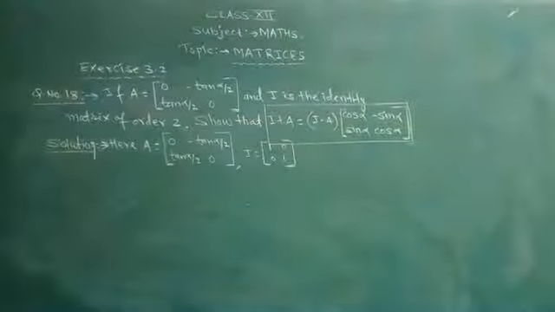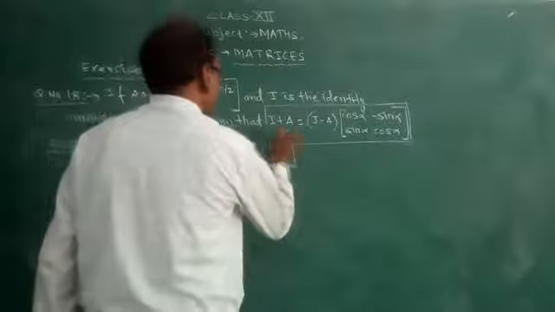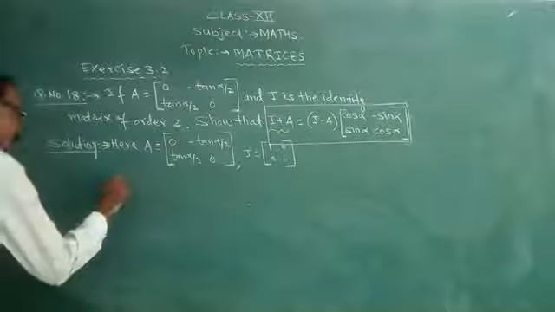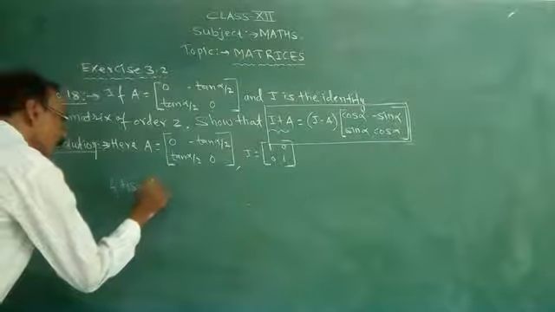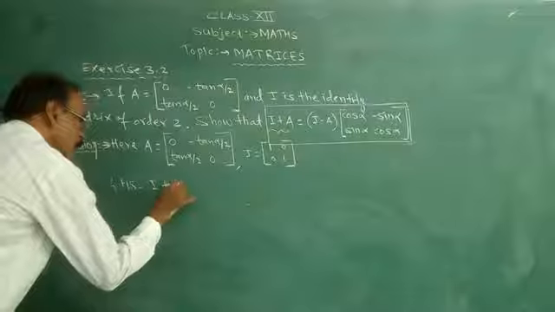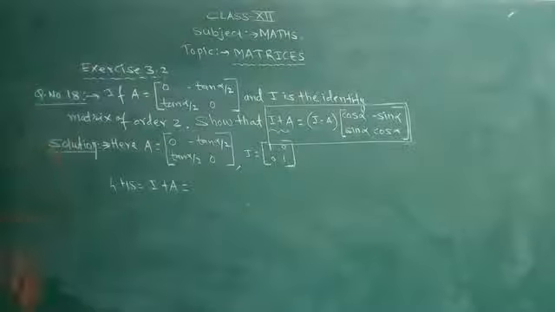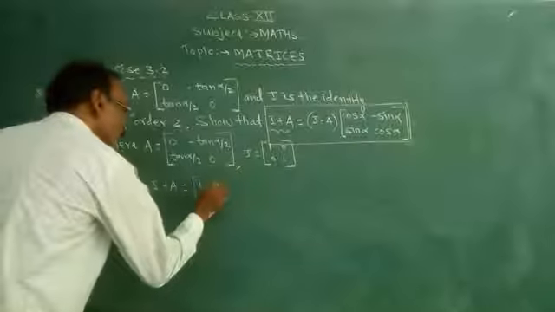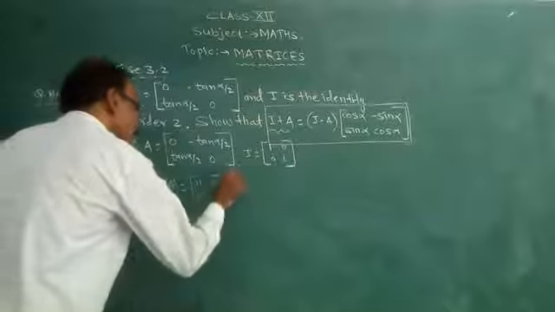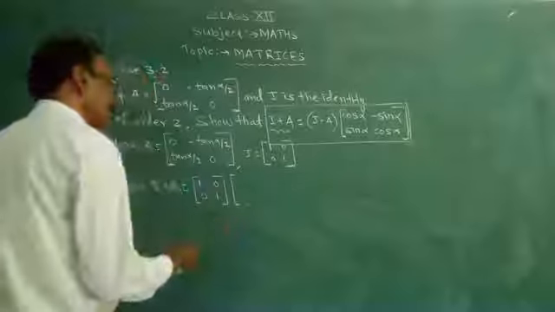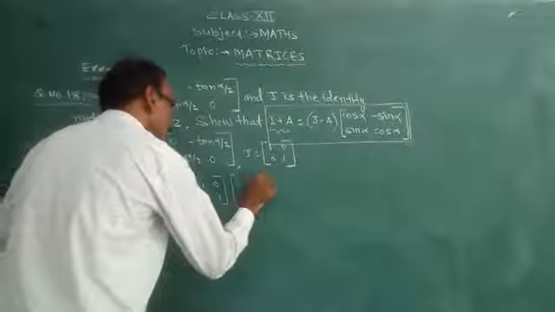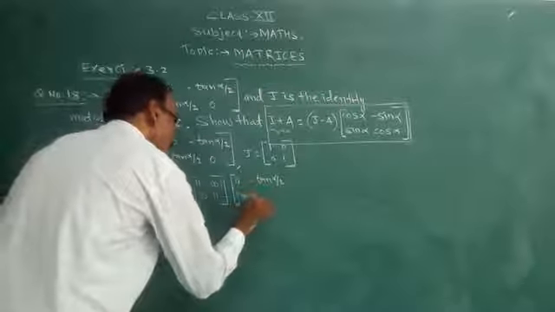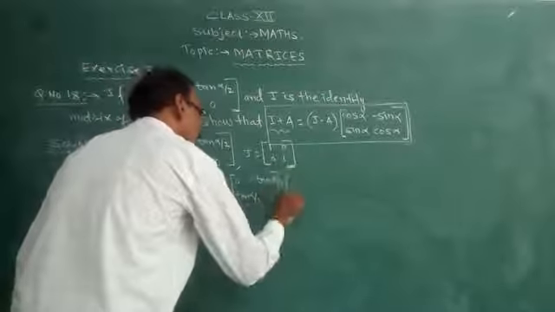Okay, so let us find out I plus A. What is I plus A? So left hand side equals I plus A, that is 1 0 0 1 plus 0, minus tan alpha by 2, tan alpha by 2 and 0.